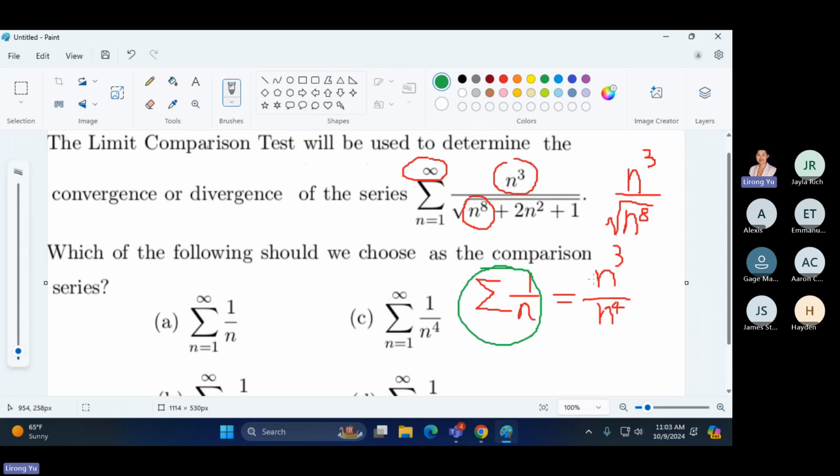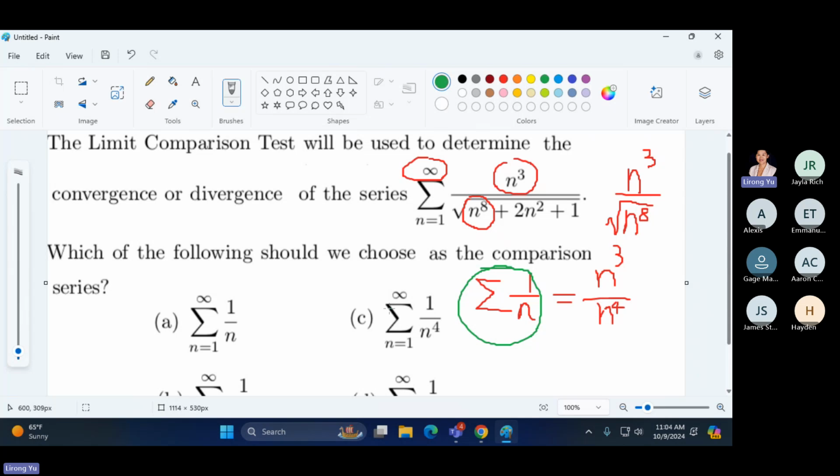If you take the limit of this over 1 over n, it equals 1. So then we know these two are comparable. The answer should be A. The summation of 1 over n is divergent, therefore the summation of this would also be divergent. So what I'm saying is that this is actually equal to infinity, therefore we would not have to calculate it since we know the summation is infinity.